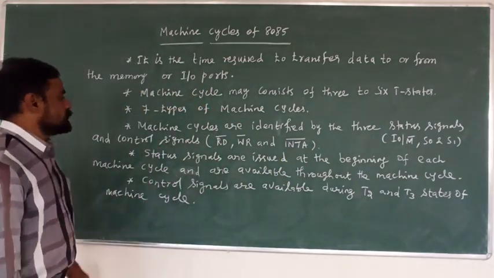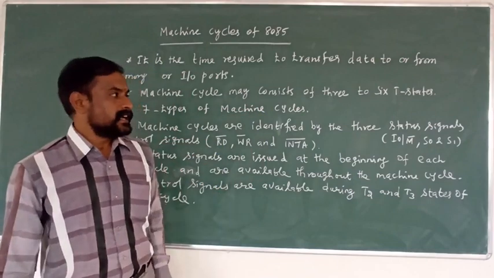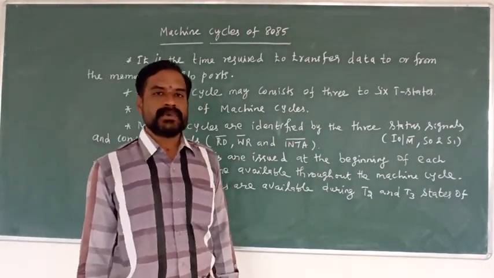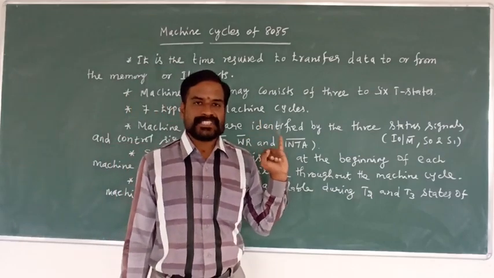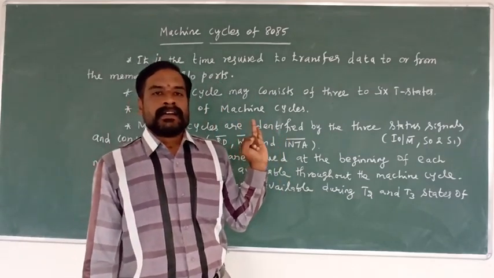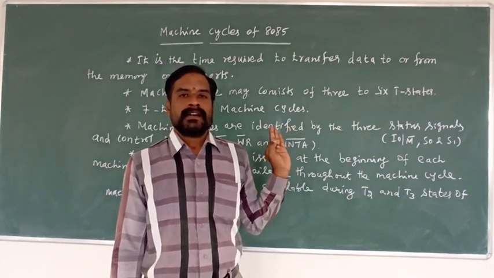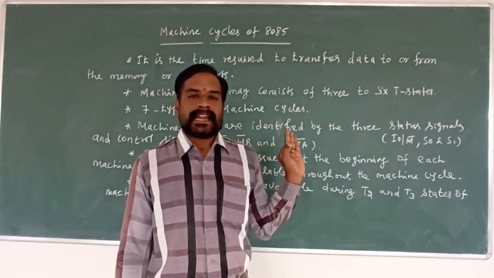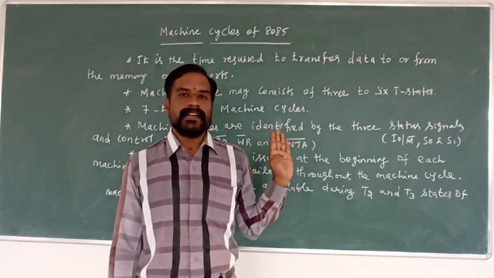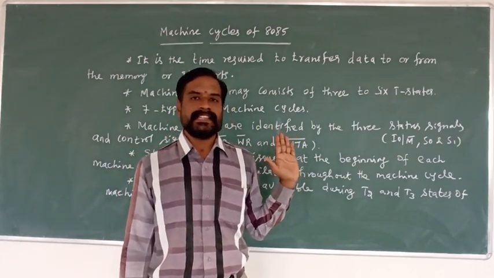There are 7 types of machine cycle. First one, opcode fetch. Second, memory read. Third, memory write. Fourth, input output read. Fifth, input output write.